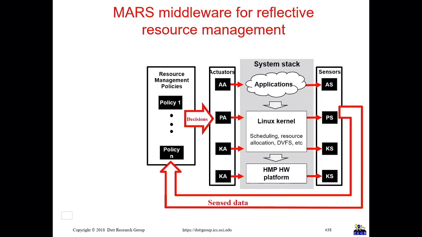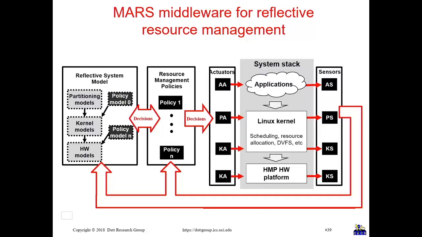And then you have the traditional control loop where you can do your simple loops. And then we also have the other loops, which is a reflective model, where at each level of abstraction you have a model representing that abstraction. And that allows you to think proactively to decide what to do in the future.